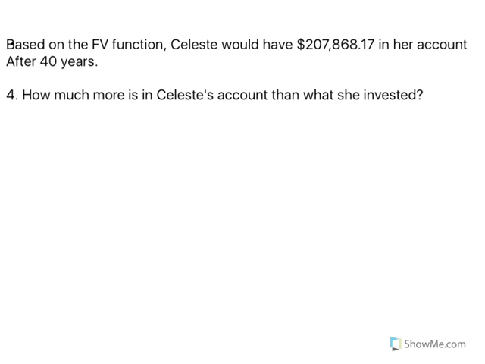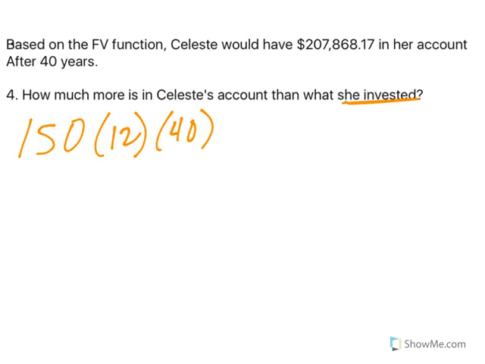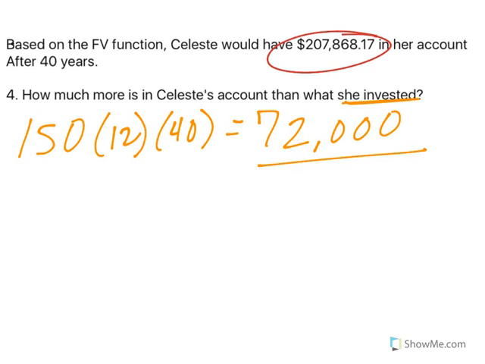Now, how much more is in Celeste's account than what she invested? Well, she invested $150 a month, 12 months in a year for 40 years. So she invested $72,000. But as we know, the total in the account was $207,868.17.